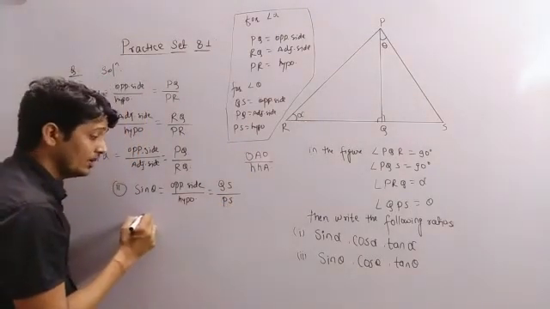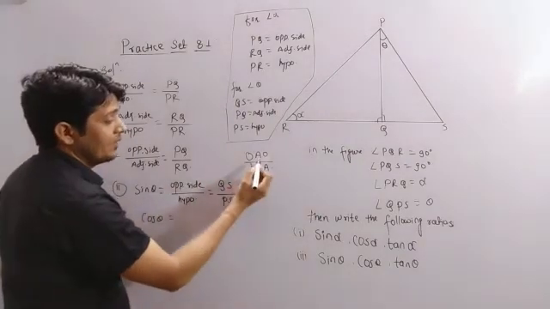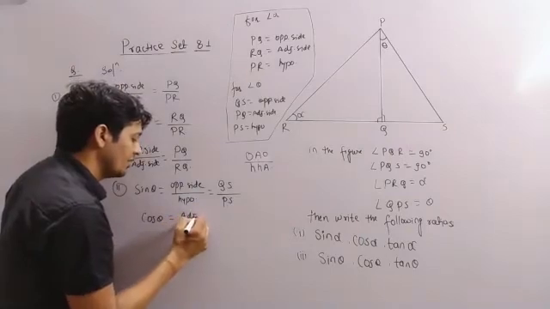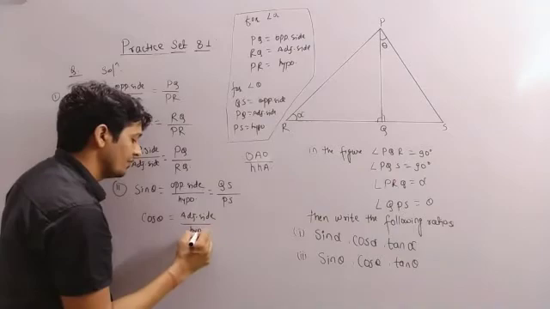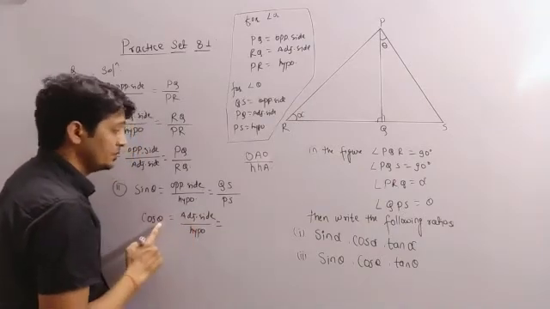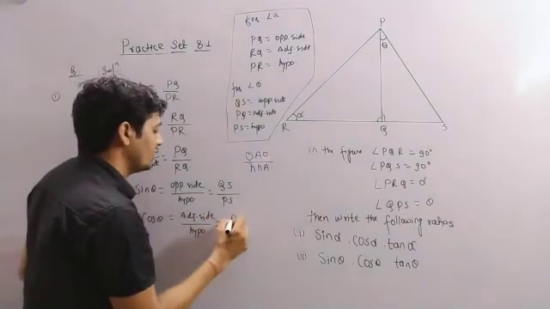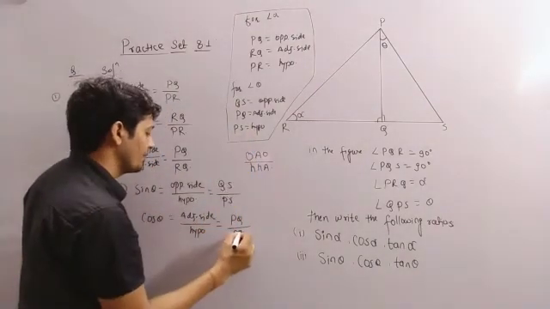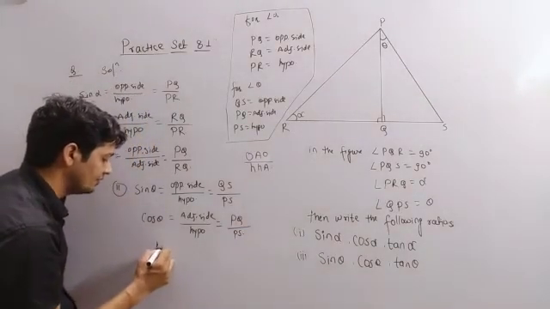Now for cos theta. Cos theta is adjacent side divided by hypotenuse. With respect to angle theta, the adjacent side is PQ. So we write PQ divided by hypotenuse PS. Now last but not the least, tan theta.